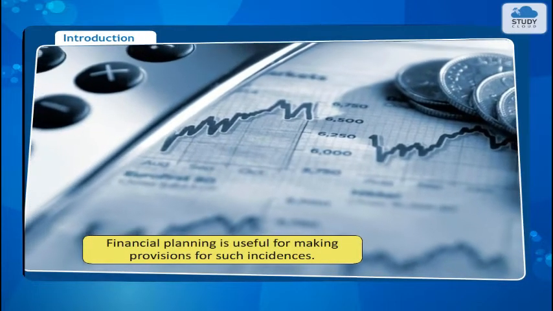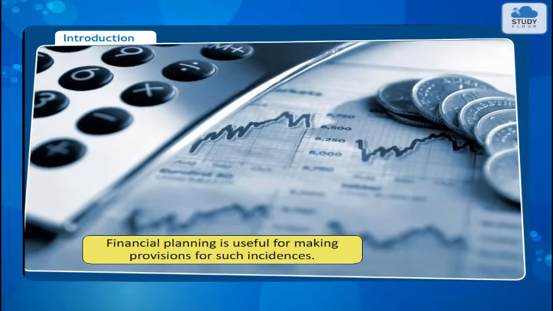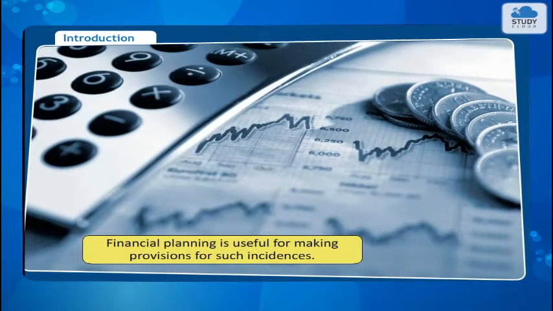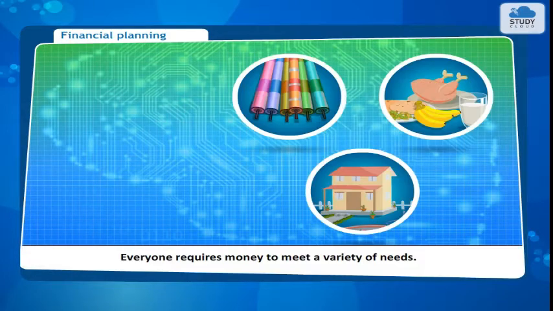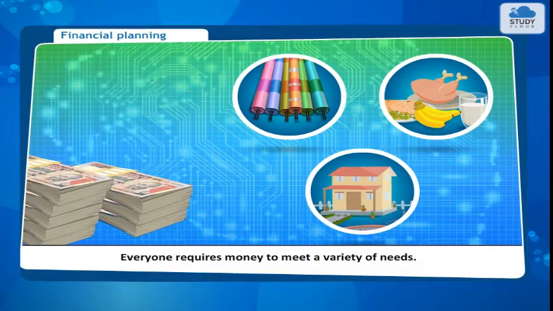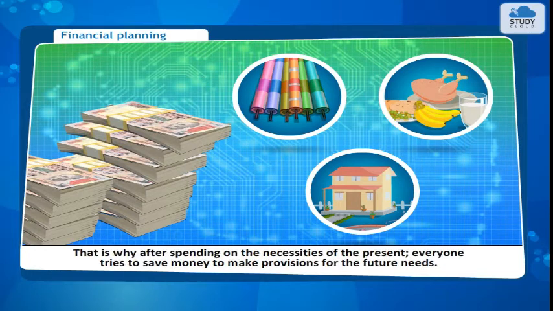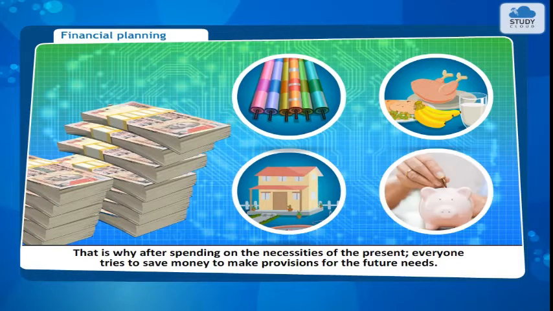Financial planning is useful for making provisions for such incidences. Financial planning. Everyone requires money to meet a variety of needs. That is why, after spending on the necessities of the present, everyone tries to save money to make provisions for the future needs.